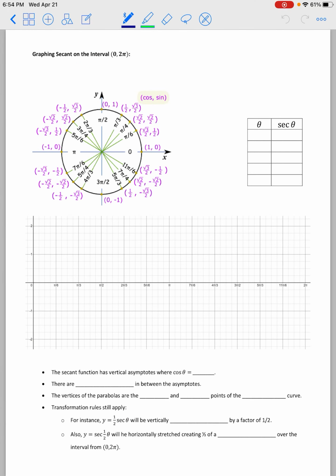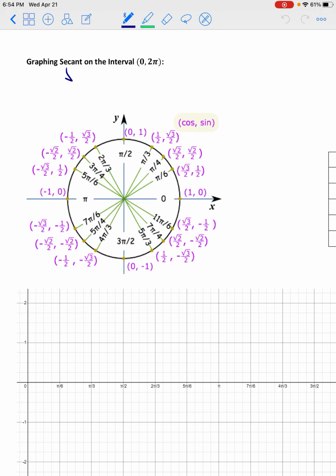Okay, so secant, been a little while since we've seen this one. Secant, if you remember, is the reciprocal of, which one do you remember? Secant is the reciprocal of cosine. It seems like cosecant should go with cosine, but it's counterintuitive.